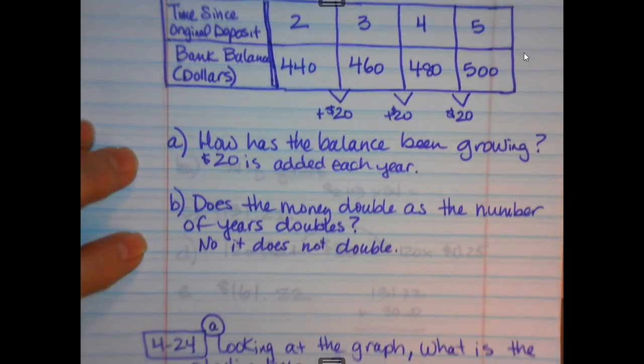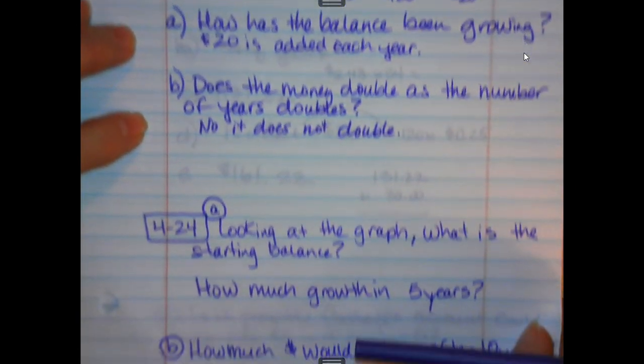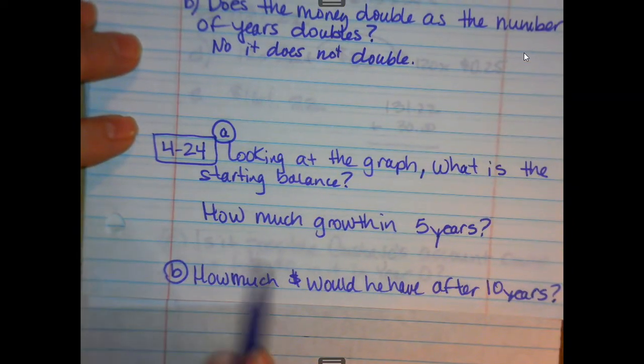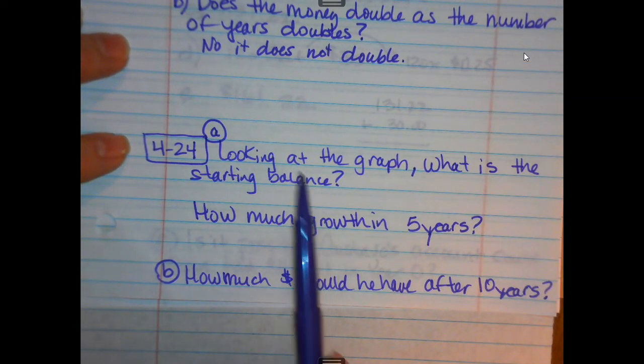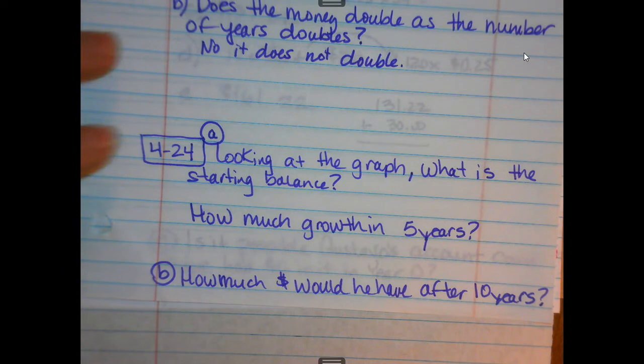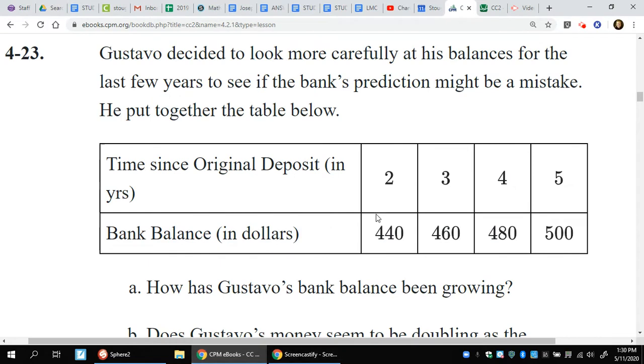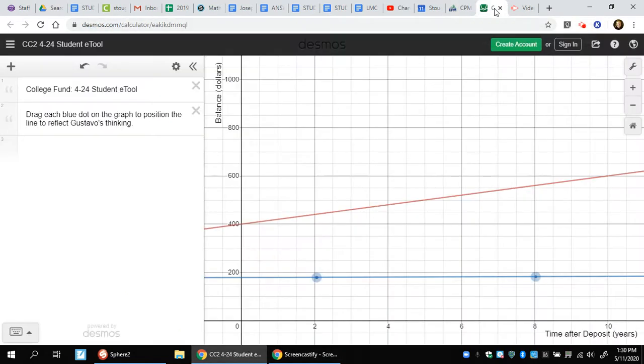And now we're going to go back into the book because we're going to look at a graph. Our focus questions for the graph are, what is the starting balance and how much is the growth in 5 years? So let's go right back to the book. I'm going to bring us over to the graph. This graph is showing me that his money did not start at zero.